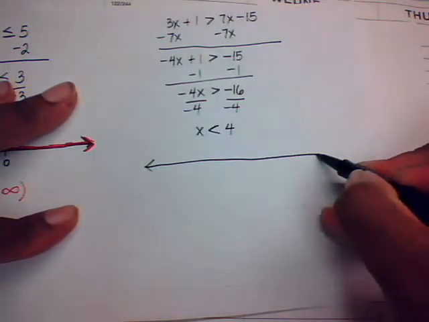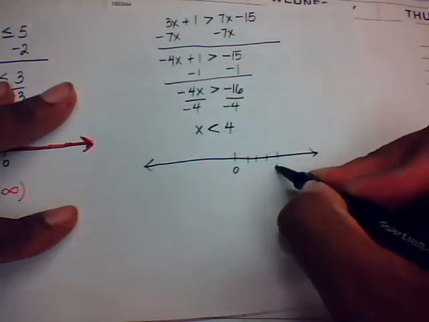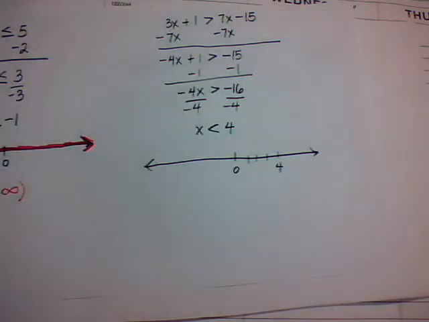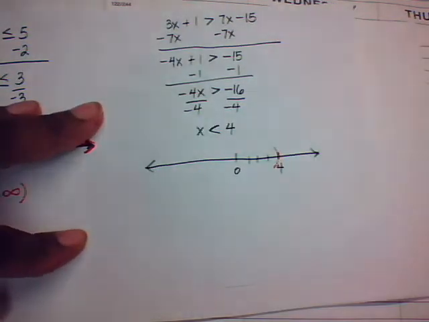Now, let's graph this on the number line. Notice the inequality symbol is pointing to the left, so we know we're going to have to shade to the left of 4. Now notice that 4 is not included because it just says less than. So at 4, we're going to draw a right parenthesis there.